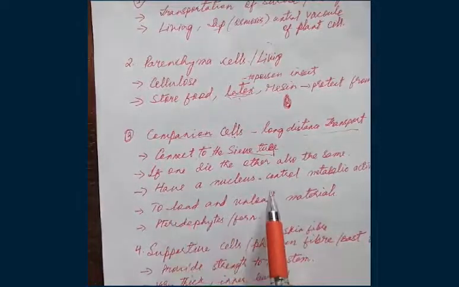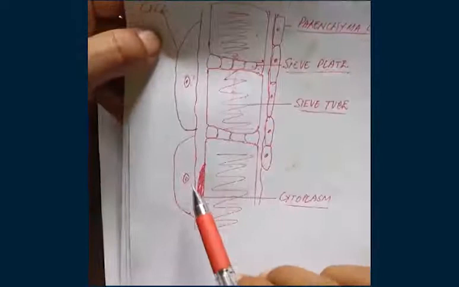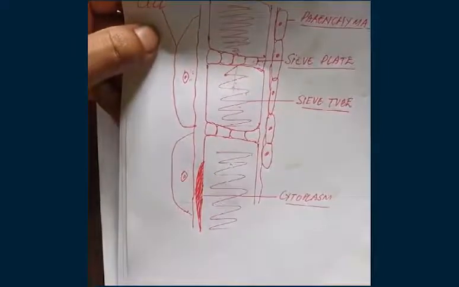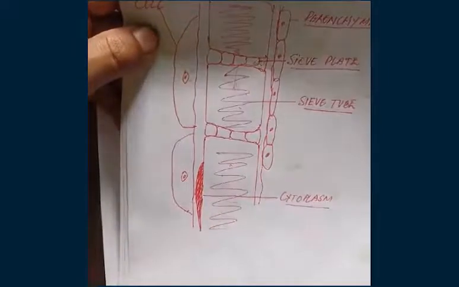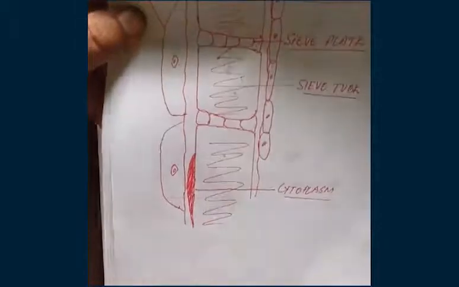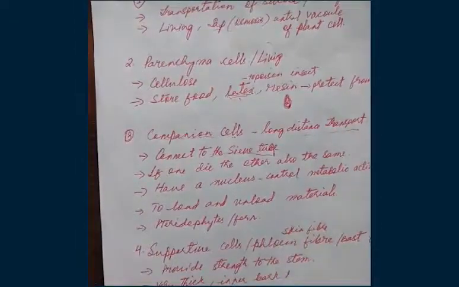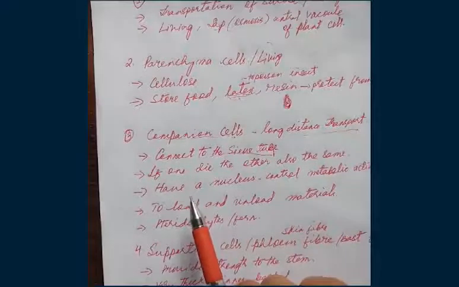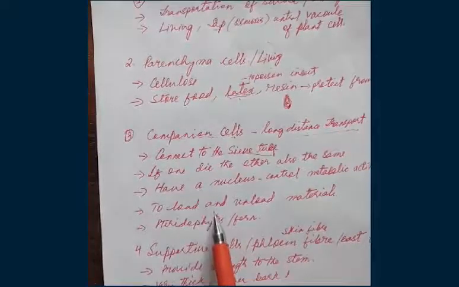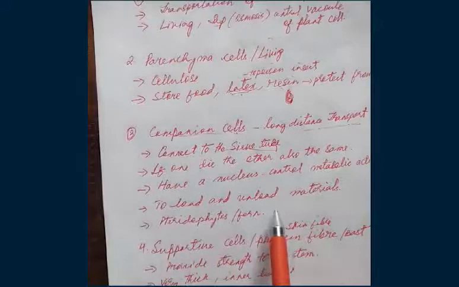They have a nucleus. What is the function of the nucleus in the companion cells? The function of the nucleus in the companion cells is to regulate the metabolic process or the transportation of food. That is the main function of the companion cells. Also, the other one is to load and unload material.